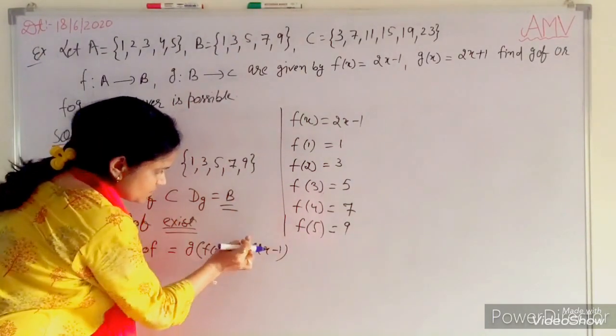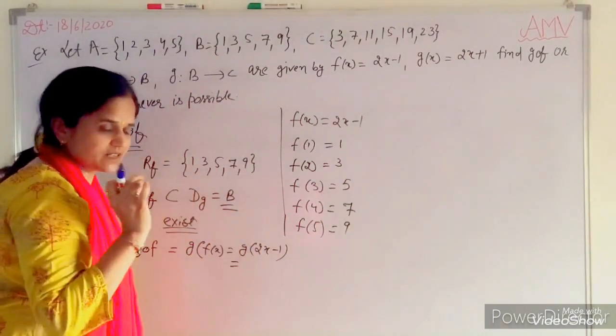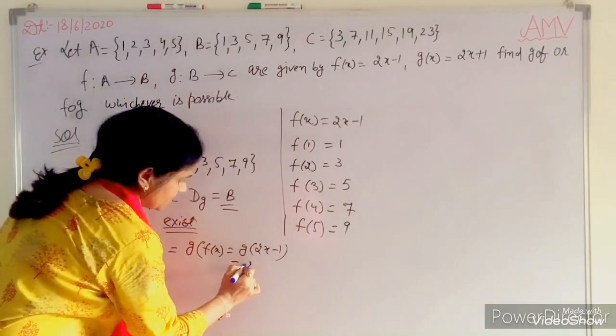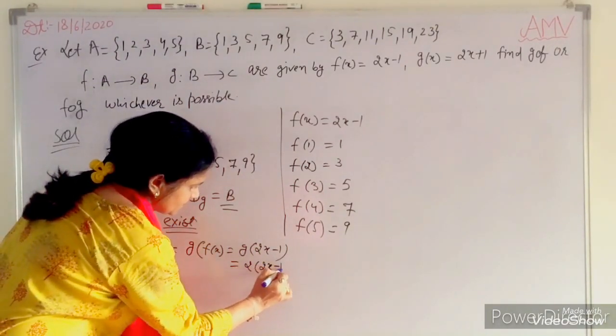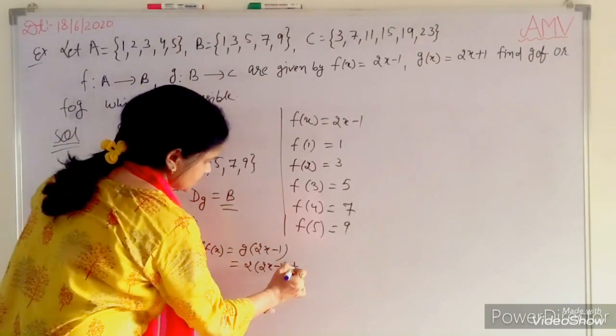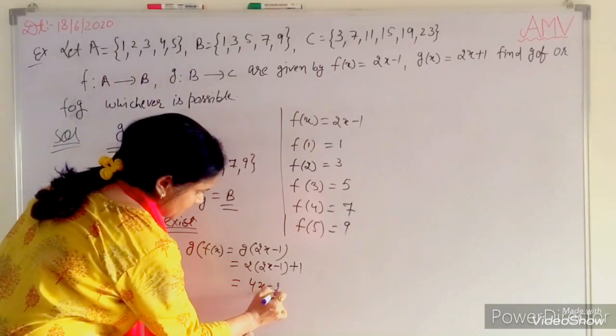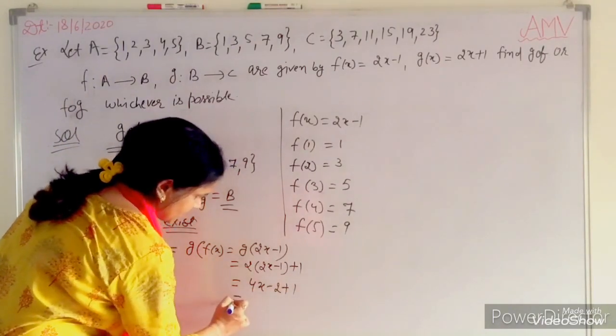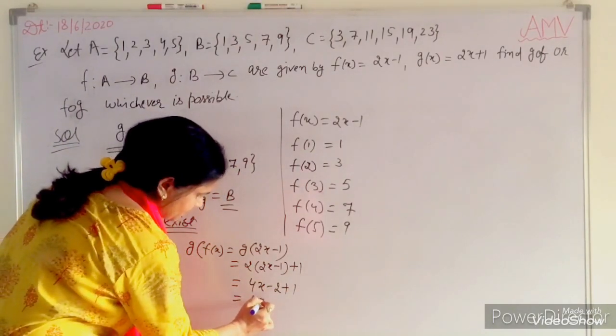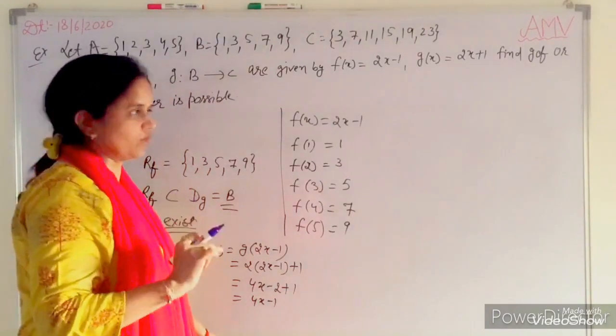Now consider this whole value as x. So you will get 2(2x minus 1) plus 1. It is 4x minus 2 plus 1. You will get, student, 4x minus 1.